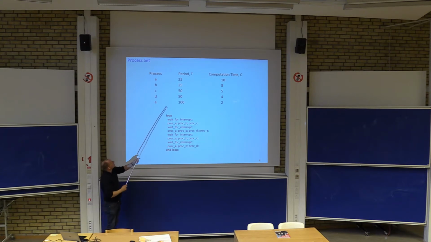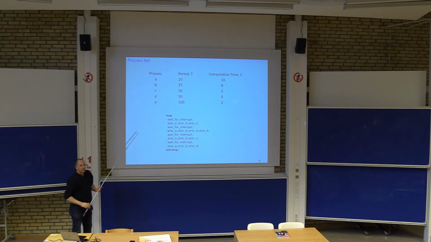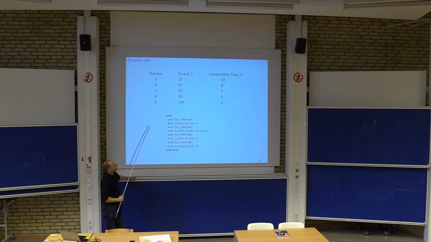So you can't execute A, B, C, D in the same period, because you have to execute A again after 25 milliseconds, and it would take 27 milliseconds to execute all of them. So you have to split up these longer tasks, C, D, and E, into different periods. How to do this is actually an optimization problem that you can formulate. We will not look into that, but it is possible.